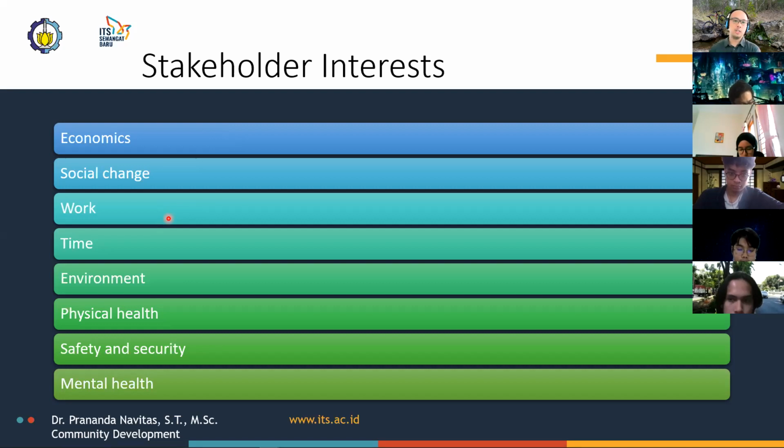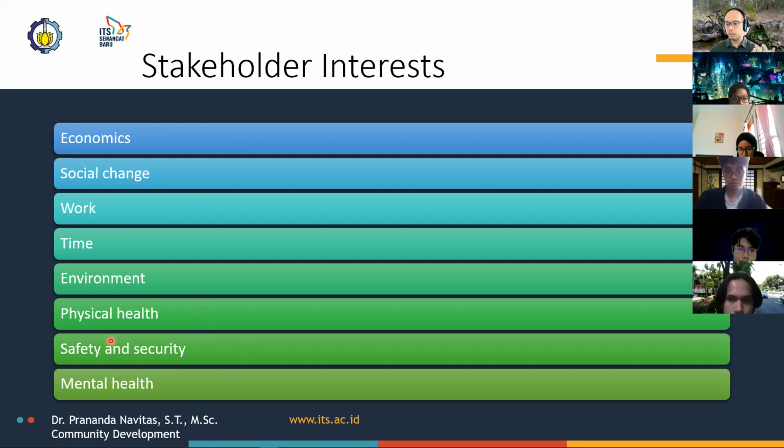If there's an education initiative, then I might take interest in it because I work in education, more specifically higher education. They may be interested because of the time frame, or because of environmental reasons. They may have interest because it has something to do with their physical or mental health and overall well-being.